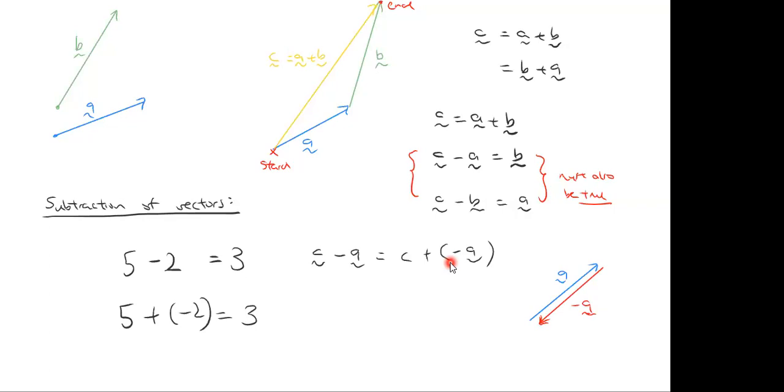So if we're doing C minus A, that really means we're going to take C, which is roughly this one. So treat it as an addition. So this is C, which is A plus B after all. And then we're going to subtract A. So it's going to look something like this.